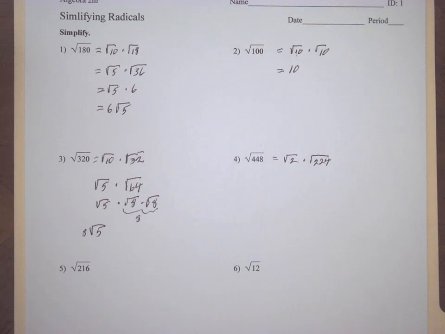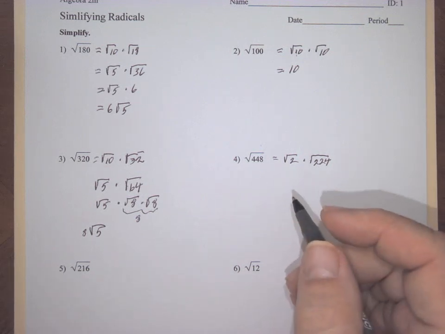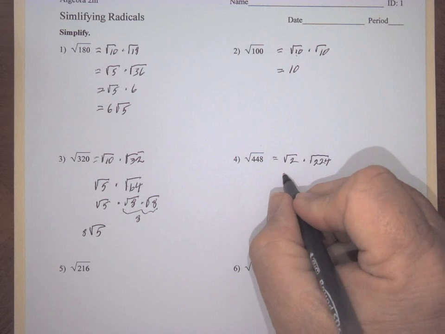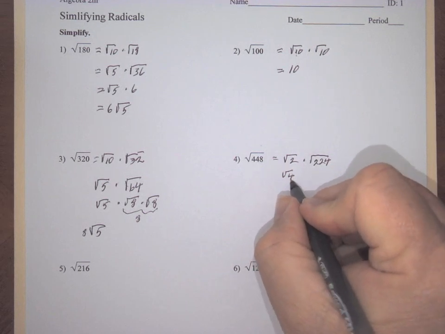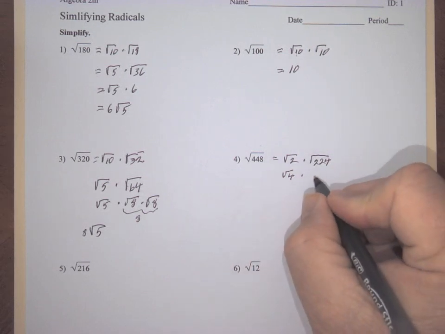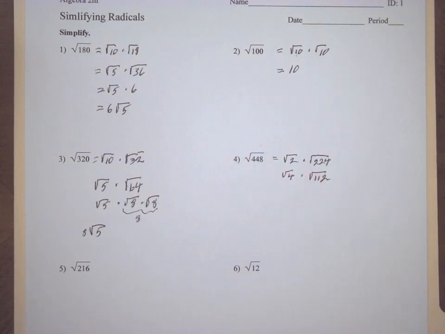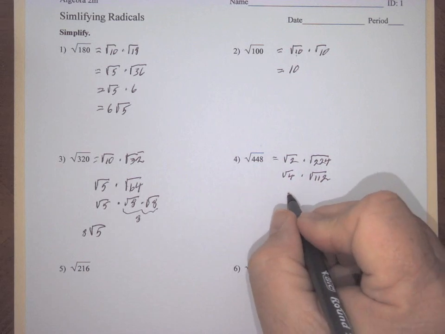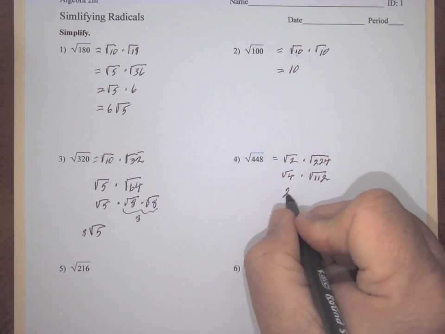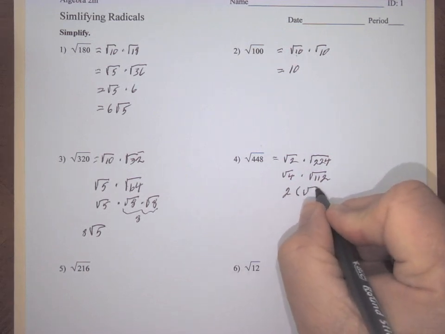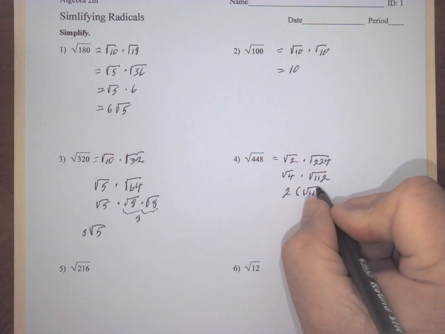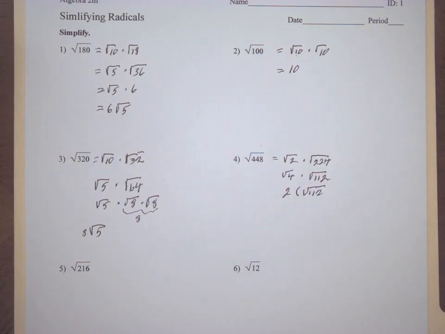So let's bump it up 1 and say we got the square root of 4 times the square root of 112. Well, square root of 4 is 2, okay? So we can factor that one out and say that this is now equal to 2 times the square root of 112, okay?